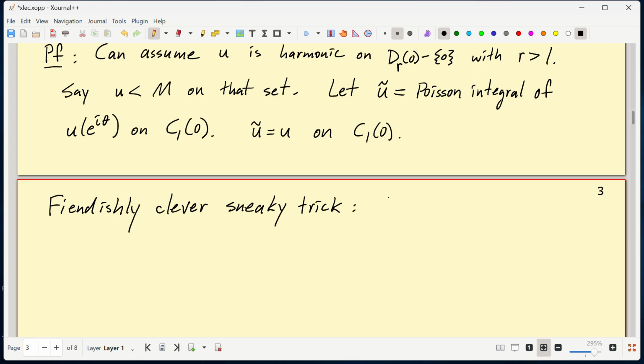Let's define v equals u minus u twiddle plus epsilon times log of mod z.